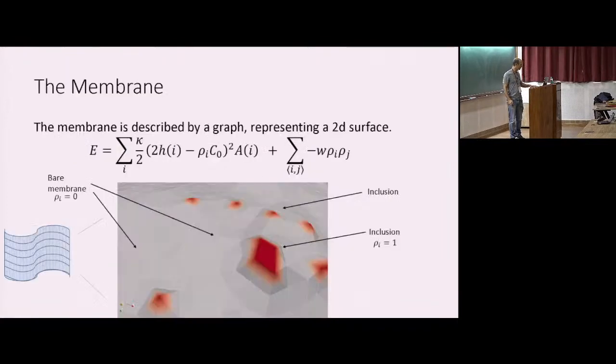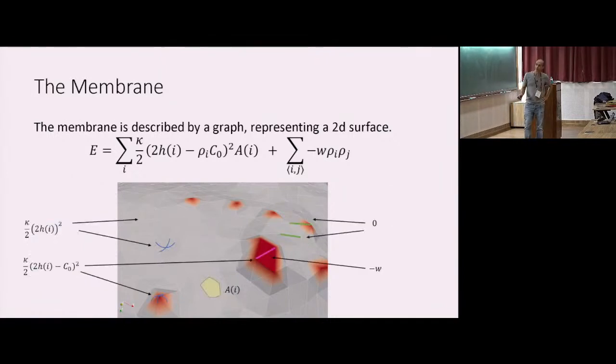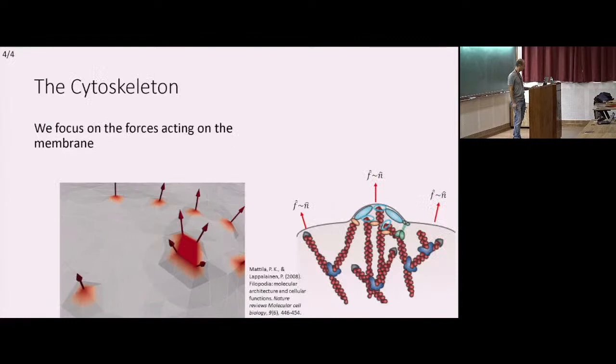Okay, so the membrane term you saw before has this spontaneous curvature only where you have a node which has 1 for this rho, which denotes that there is this inclusion or protein, and for the bare membrane, this parameter is 0, so there's no spontaneous curvature. There's the binding between nearest neighbors, so if you have a nearest neighbor, then you have a minus energy of W for the nodes that are occupied by these proteins, and of course there is 0 binding between nodes which have no proteins.